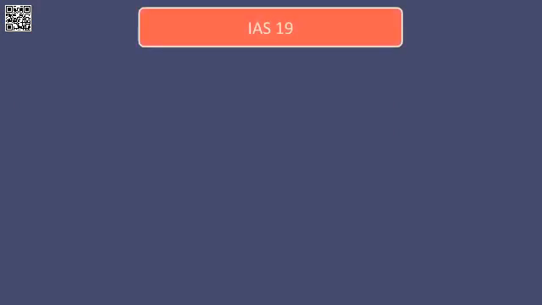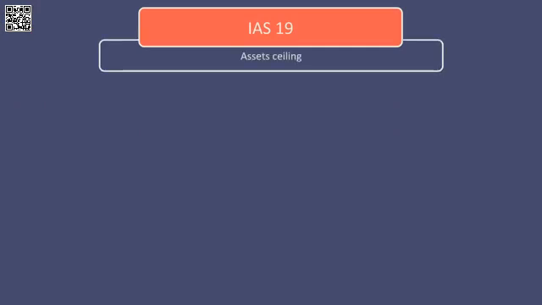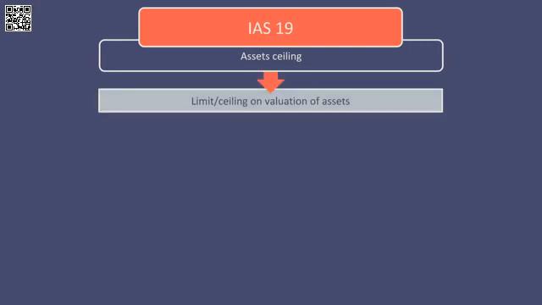In the question, you saw the plan's assets and liabilities values carried forward. IAS 19 has an assets ceiling, which, as you probably can guess, is a limit or a ceiling on the valuation of the assets.